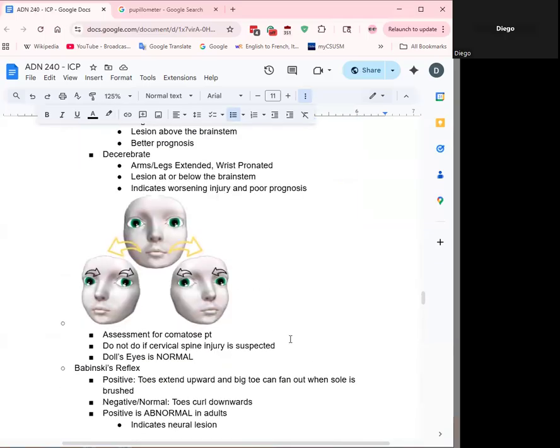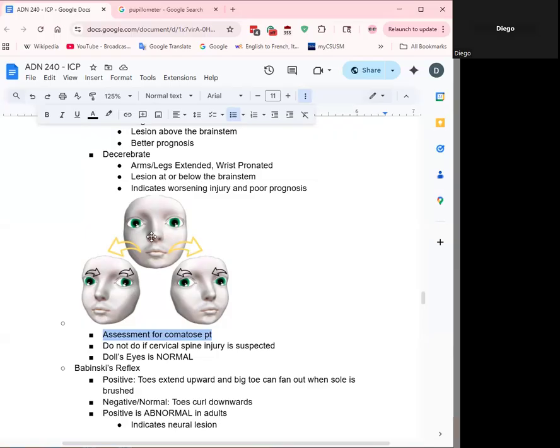There's something called the doll's eyes reflex. This is an assessment for comatose patients specifically. You would open up their eyes and then move their head around. What is expected is that if you move their head to the left, their eyes will move to the right.